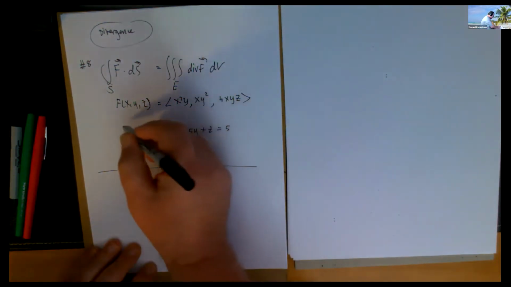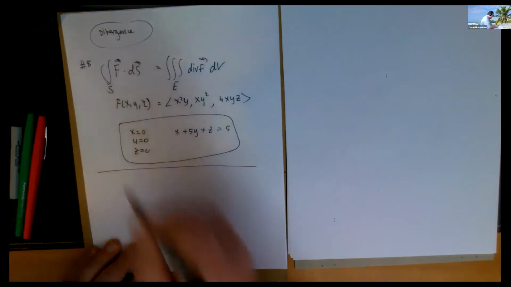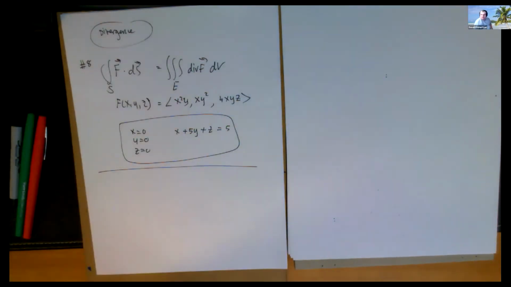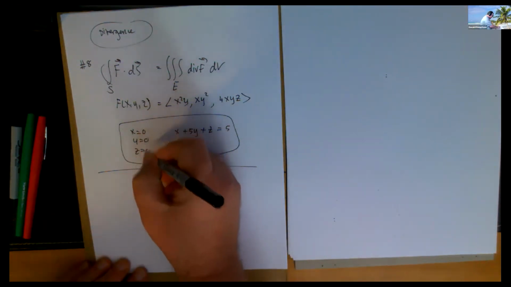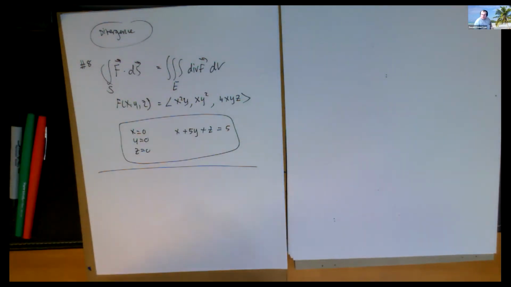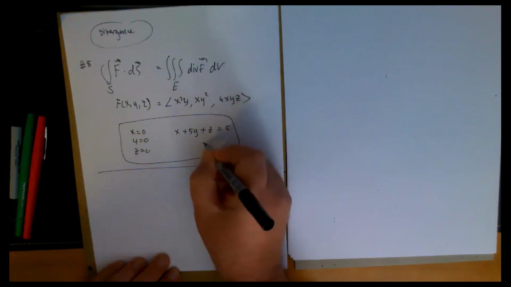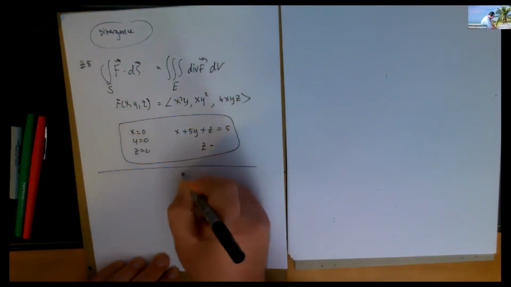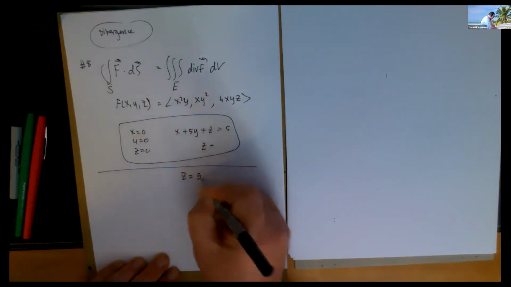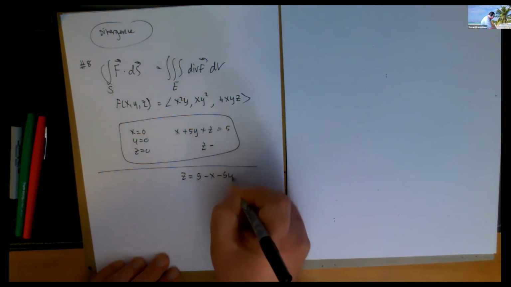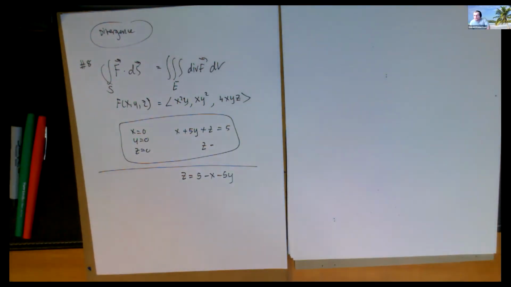I think the first thing I need to do is use this information to generate the limits of integration on E, because maybe that's where you went wrong. The good news is that they all start at 0, so I already know 0 to something, 0 to something, 0 to something. With this equation, I'd suggest rearranging it typically as z equals.